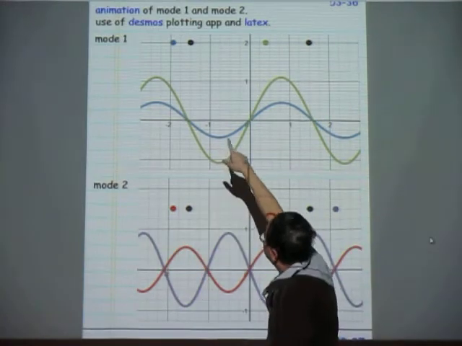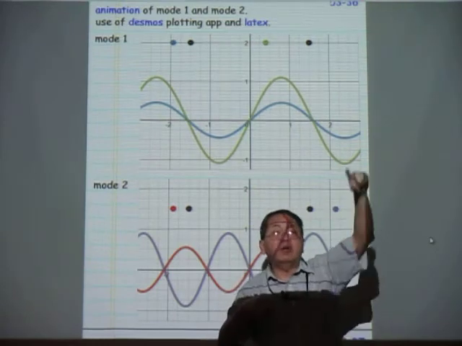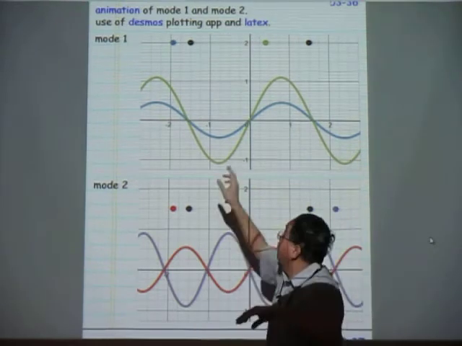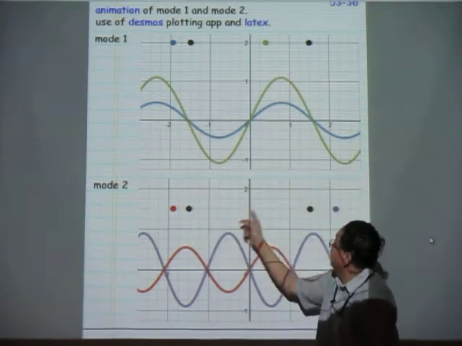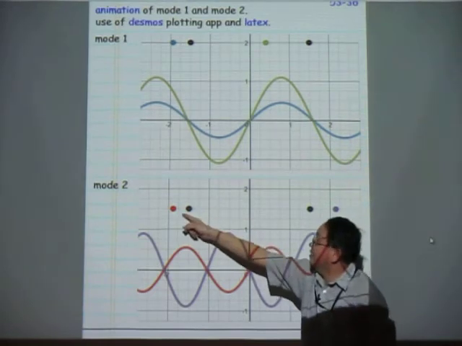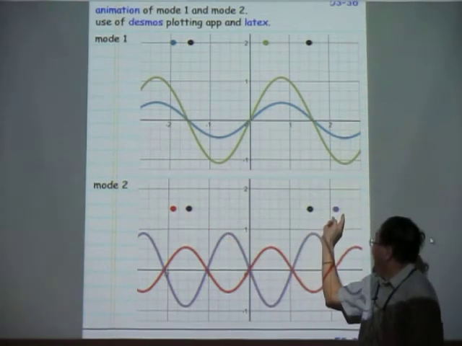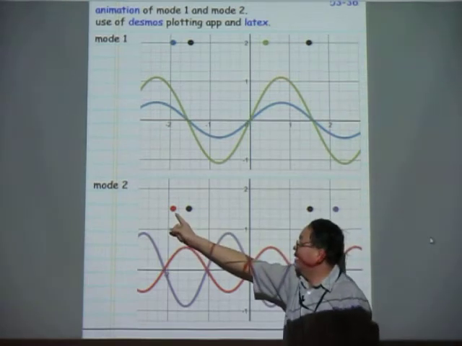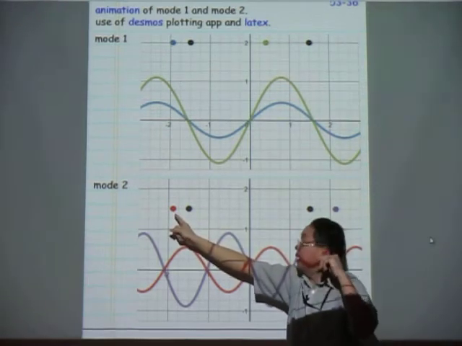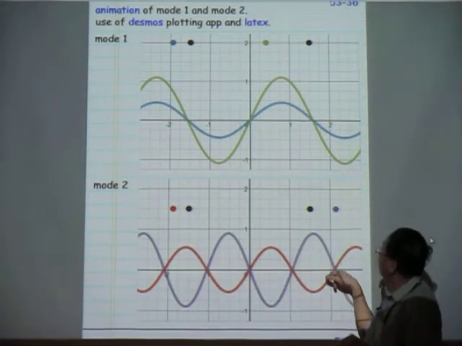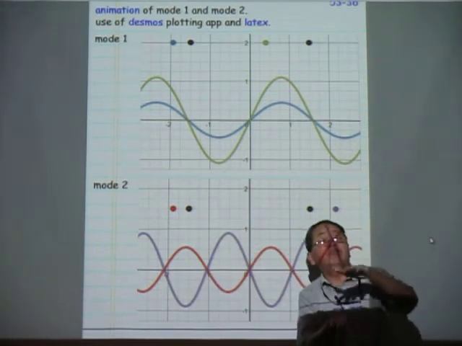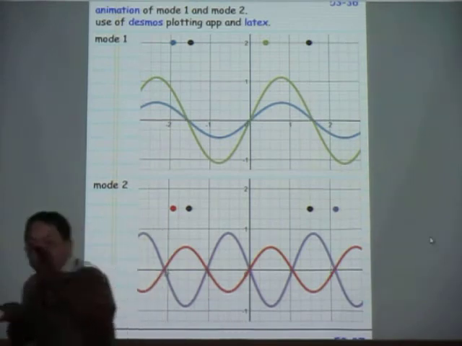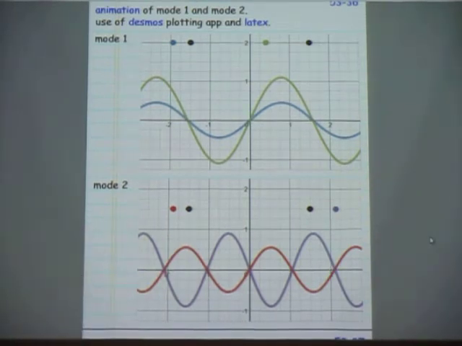In mode 1, you see that the oscillation of mass M1 and mass M2 are in phase, whereas in mode 2, I represented the motion of mass M1 by the red curve and the motion of mass M2 by the purple curve. And you see they are out of phase. Okay, the phase angle is actually 90 degrees.